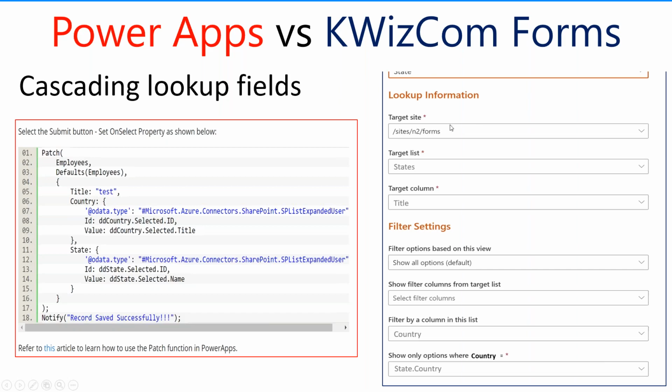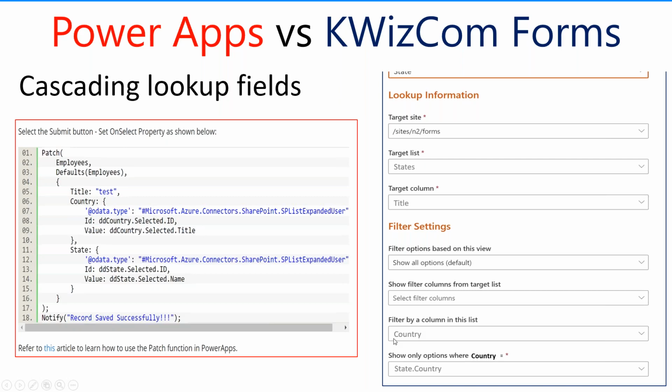Whereas in QuizConform, we just say, okay, we have the states list, and we're going to show the title of the state list, but filter by column in this list, country.